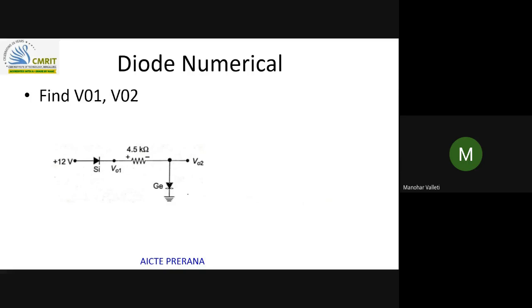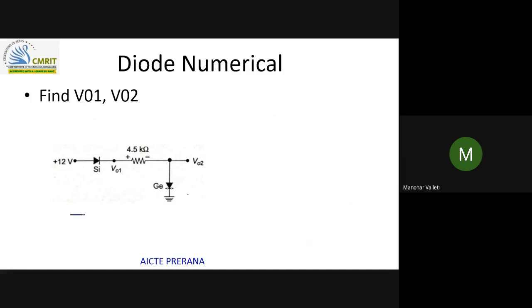Find out V01 and V02. As the silicon diode's anode is connected to the plus of the battery, and the germanium diode's plus is also connected, obviously both the diodes will be forward biased.